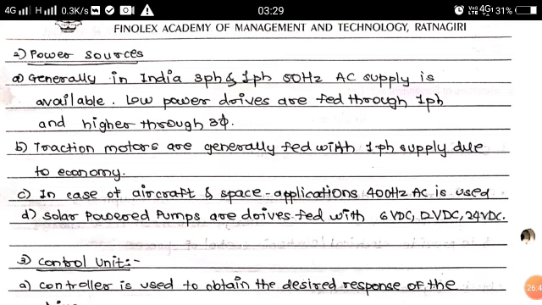So 15 ampere, not more than that, we can draw from the single phase supply. And the voltage is also fixed, 230 volts and 15 amps. So you just calculate the power. It could be around 3 kilowatts or like that maximum.